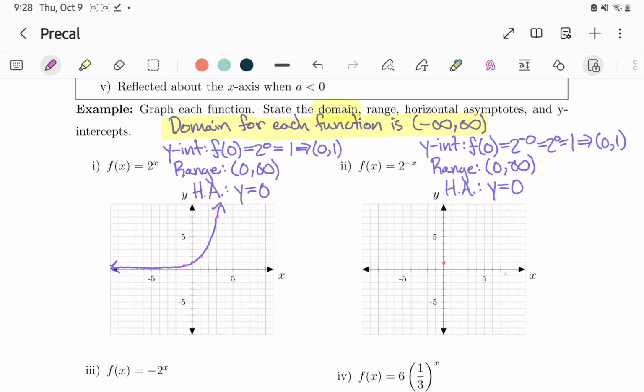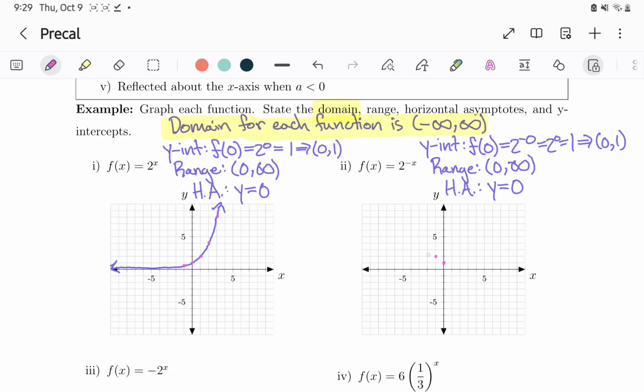So there's our y-intercept at 0, 1. And this time, f of minus 1, again, that's going to equal 2 to the minus 1, so in other words, 2 to the 1. So the graph of f in example 2 here is going to pass through the point minus 1, 2 now. So right there.